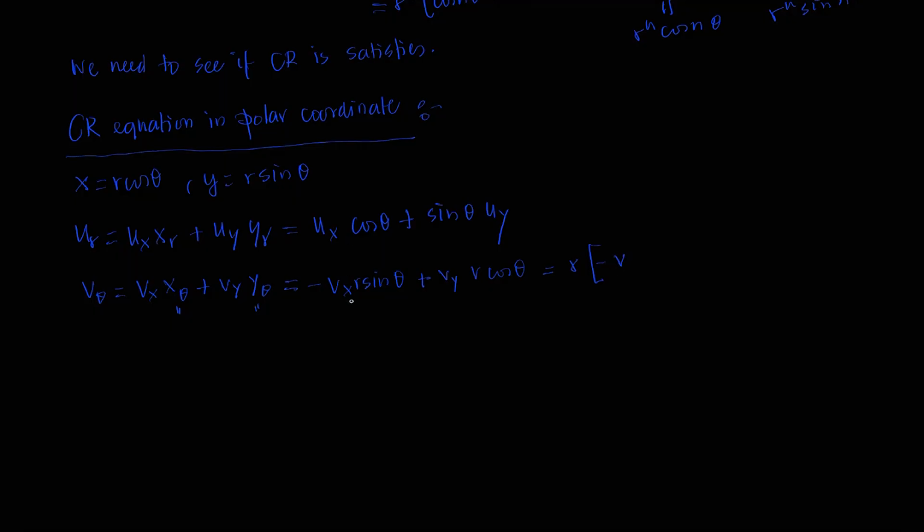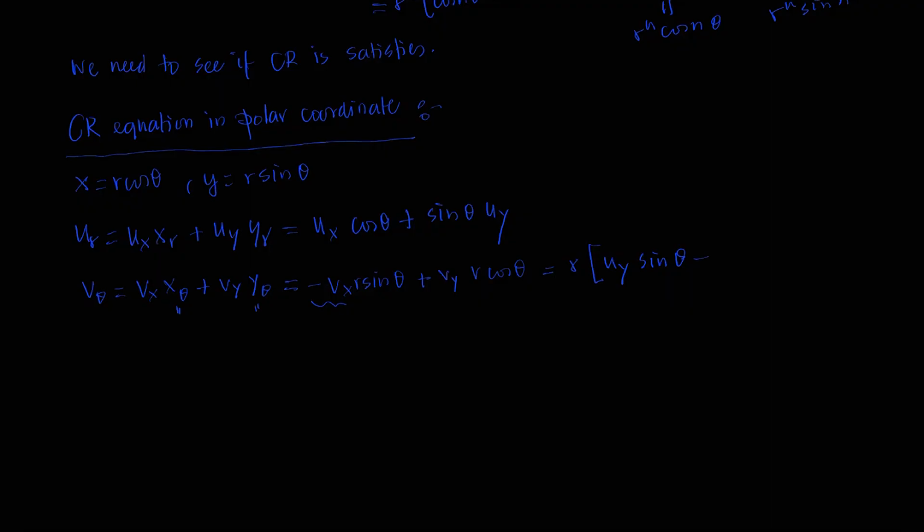So ux equals vy. If we replace this, vx equals minus uy. So minus vx is uy, and sine theta.